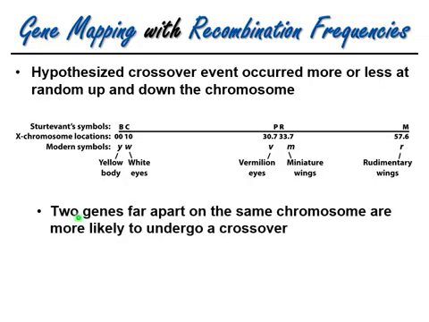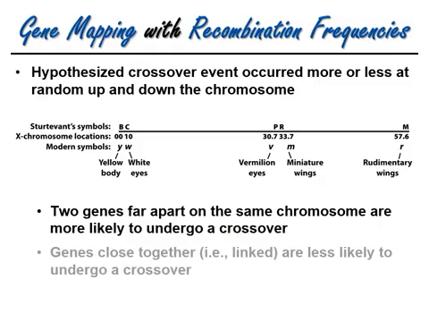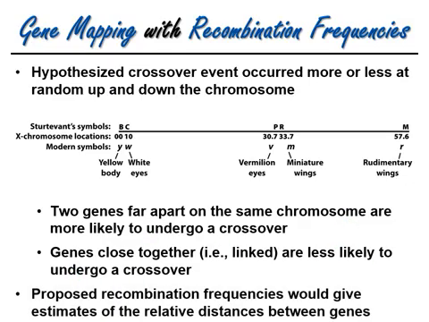So 2 genes far apart on the same chromosome are more likely to undergo a crossover event. Genes closer together, meaning linked genes, on the same chromosome, are less likely to undergo a crossover event. And so Thomas Hunt Morgan and his students proposed recombination frequencies would give estimates of the relative distance between genes.